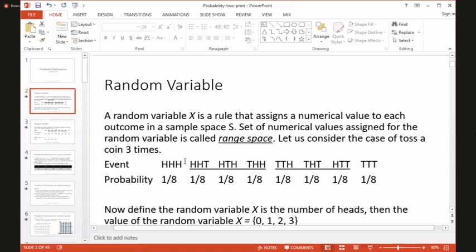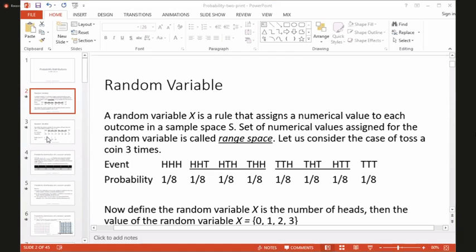The possibility of having 1H and 2T or 2H and 1T is a high probability. There are 3 possibilities. And if you define the event variable x as the number of heads, then you can easily find out the number of heads.